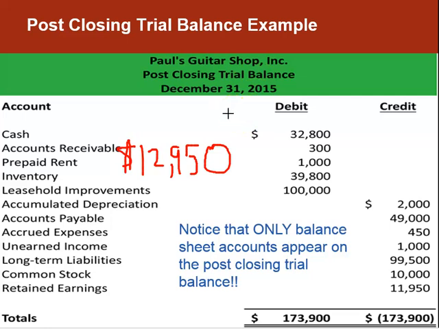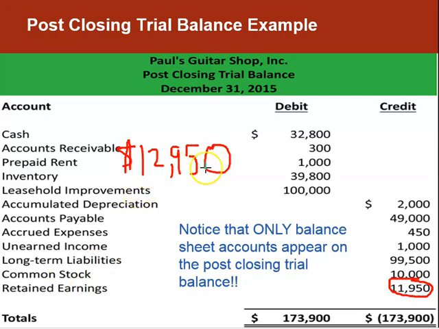I'm just talking about the adjusted trial balance that we looked at for Paul's Guitar Shop. Dividends showed up as $1,000, right? Look here at retained earnings, $11,950.